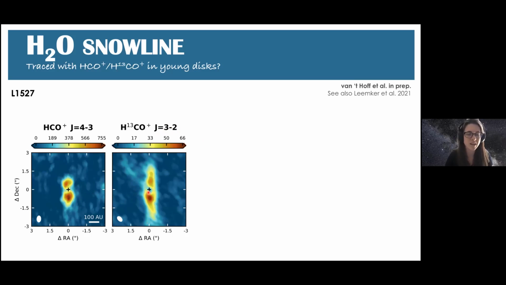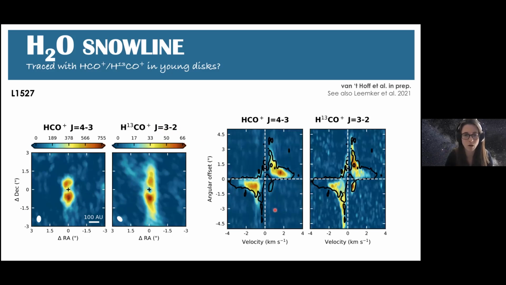But because these are disks which have a different physical structure, embedded in an envelope, it's much harder to interpret these observations. And in fact, we often look at these so-called PV diagrams. And this is basically taken along the major axis of the disk, and at each point along the major axis, we take the spectrum. So each row in this figure is a spectrum taken at each spatial point.